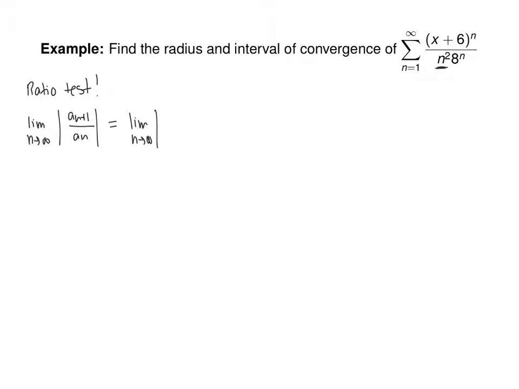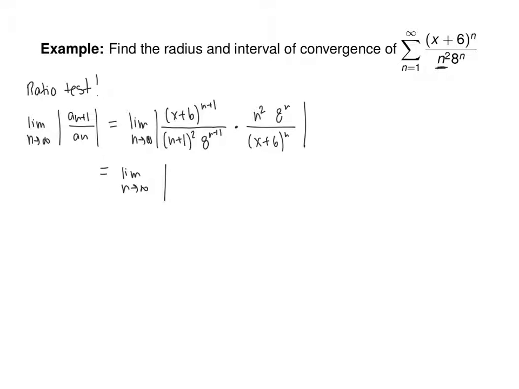Okay, so we'll input n plus 1. We have (x plus 6) to the n plus 1 over (n plus 1) quantity squared times 8 to the n plus 1, times n squared times 8 to the n over (x plus 6) to the n. All right, now canceling some stuff here, we'll end up with an x plus 6 in the numerator, an n squared.